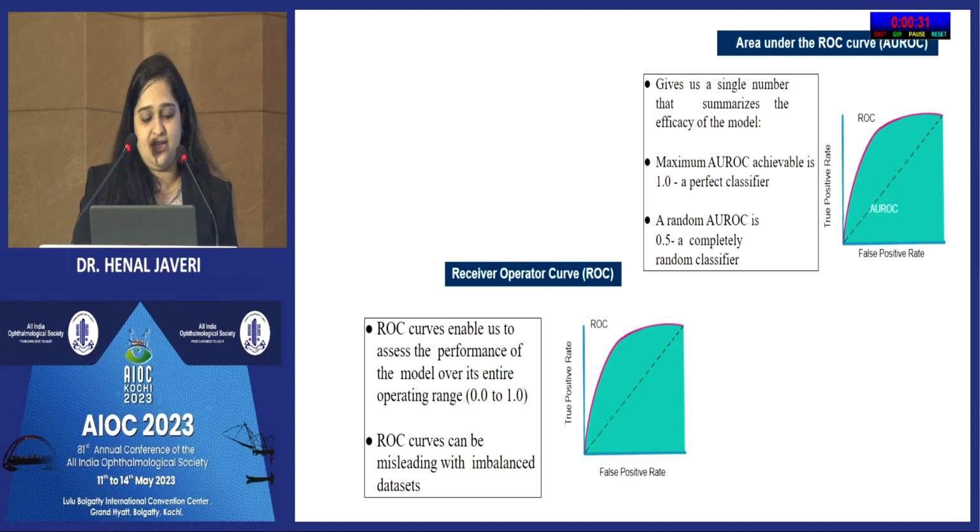In an imbalanced set, this could be misleading. Next comes the area under the ROC curve, which is just a single number that summarizes the efficacy of the model. 1 being a perfect classifier, and usually 0.5 is chosen as a completely random classifier. Meaning that 0.5 would be the true positive rate, and accordingly the false positive rate would also be 0.5.